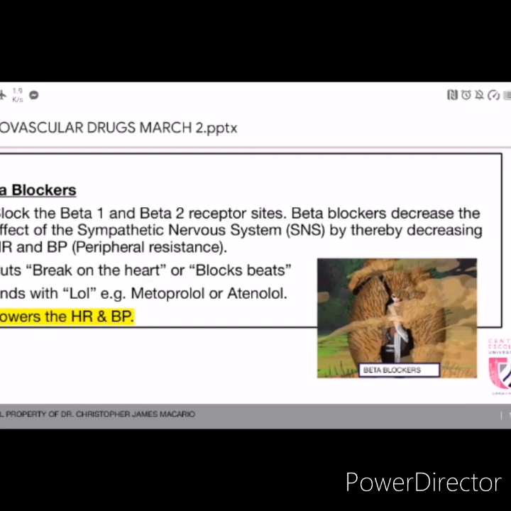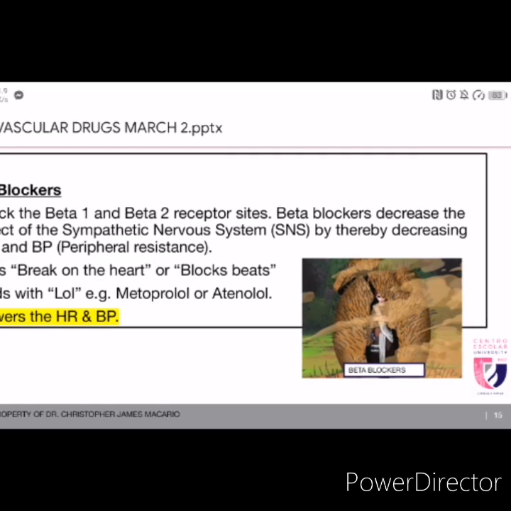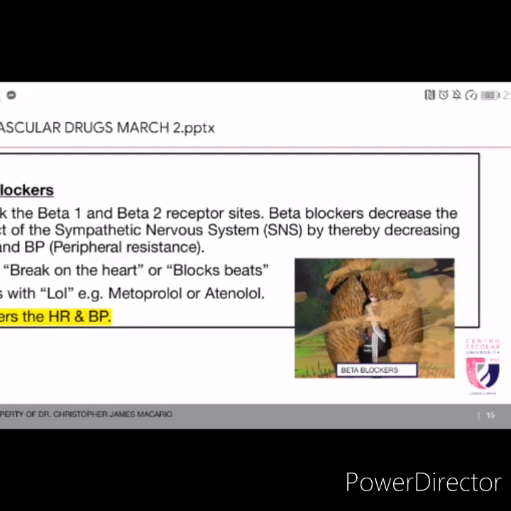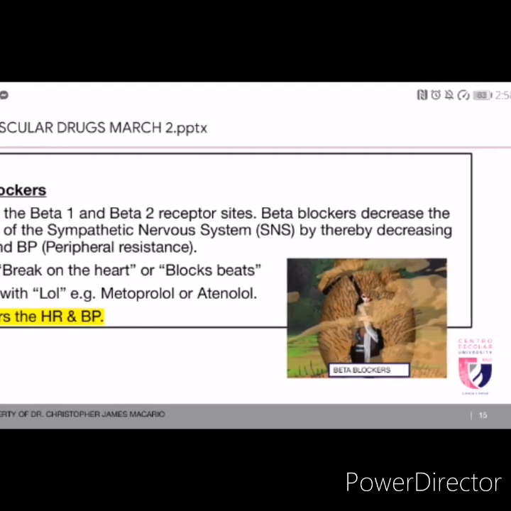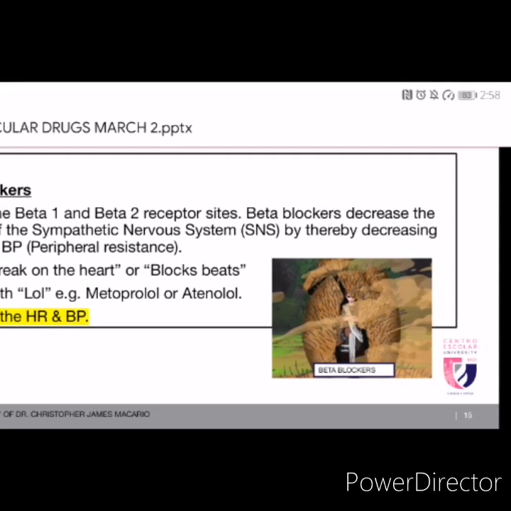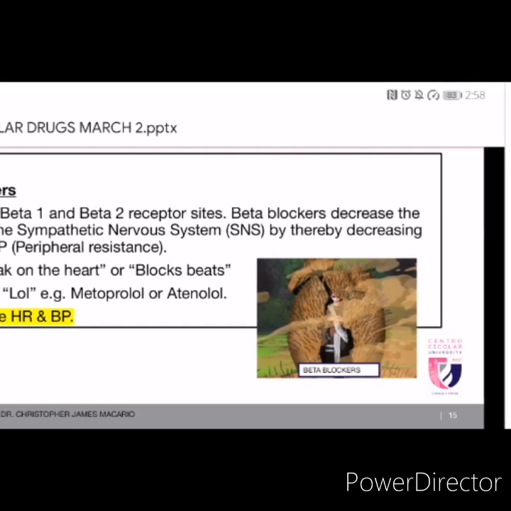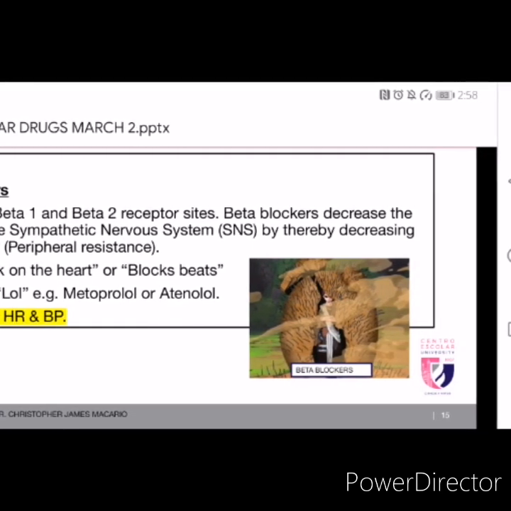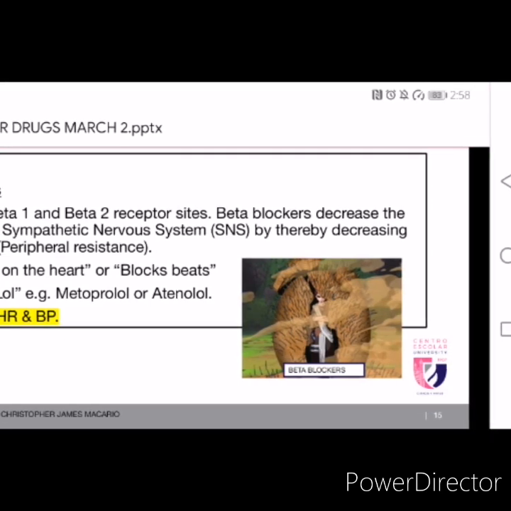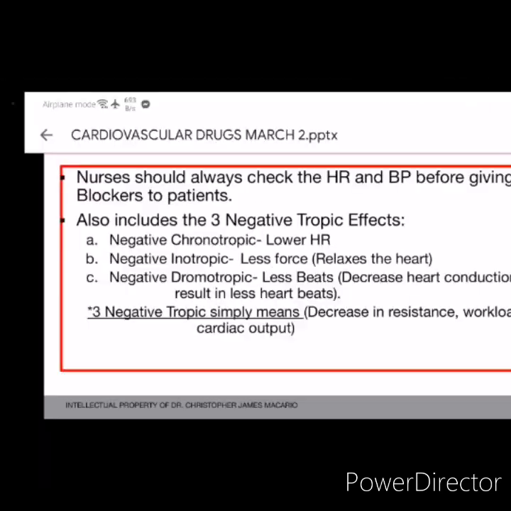Think of it as the one putting the brake on the heart, or blocking the beats. Beta blockers usually end with lol. Example, metoprolol or atenolol, which lowers the heart rate and the blood pressure.